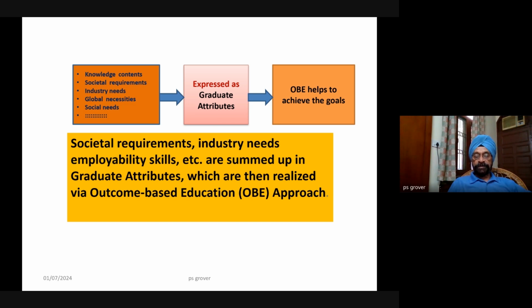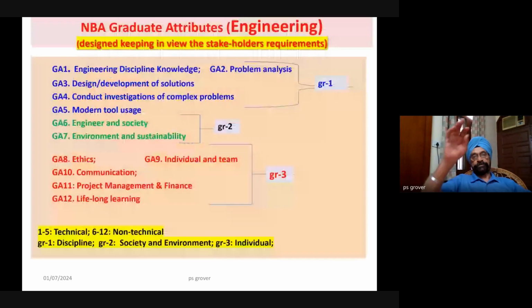But the issue is, how do I bring about the teaching of these, or make students learn these things in the classroom? So we say societal requirements, industry needs, and employability skills are summed up in graduate attributes, which are then realized via the outcome-based education approach. Now, just let me give you an example.